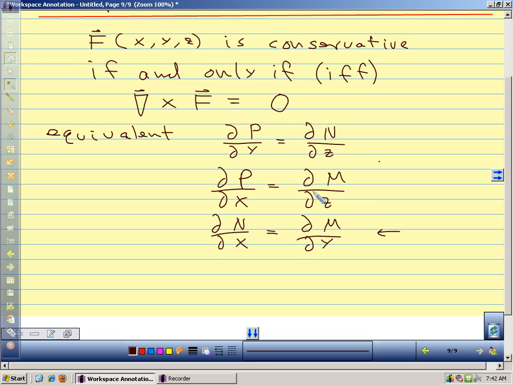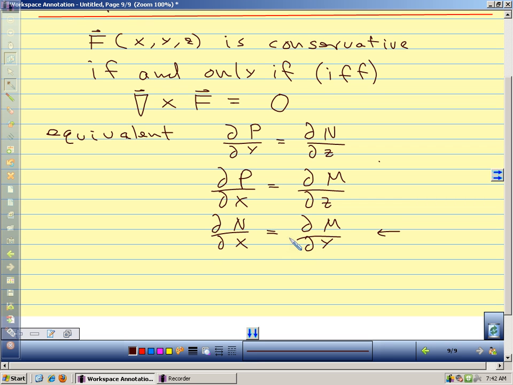The reason is exactly the same, because our mixed partials have to be equal. The mixed partials being equal is what gives us these conditions. And just like we did in the plane, if our vector field is conservative, we can find a potential function for it.